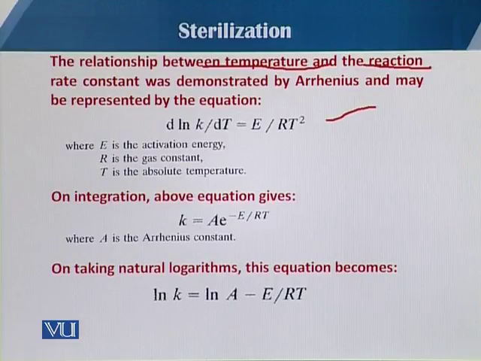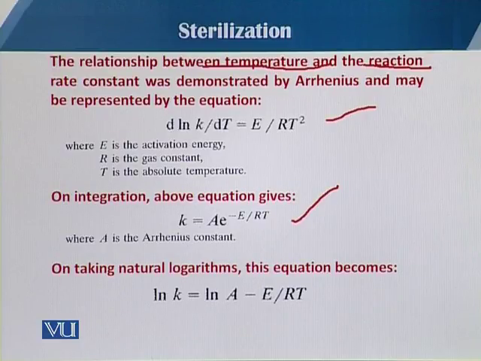Here E is the activation energy, R is the gas constant, and T is the absolute temperature. When we integrate this equation, we get K equals A e to the power minus E over RT, where A is the Arrhenius constant.